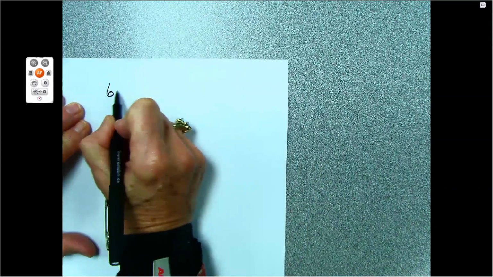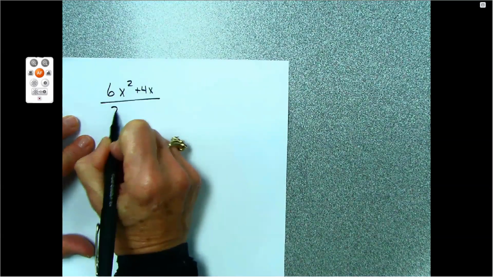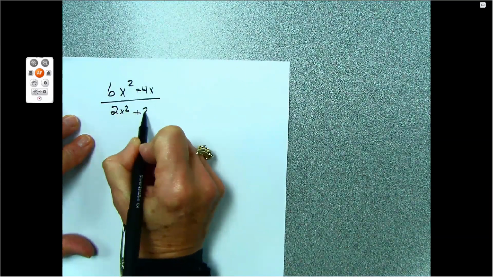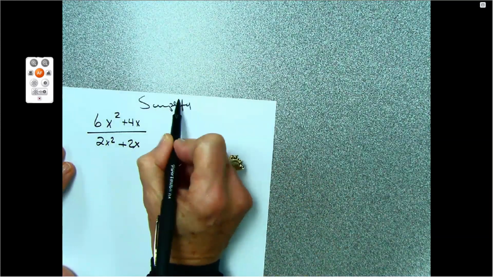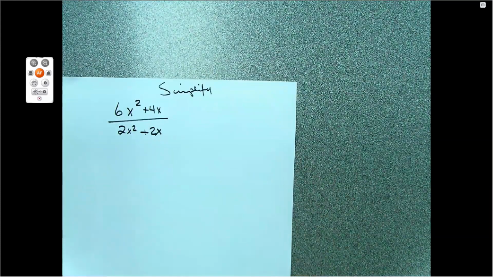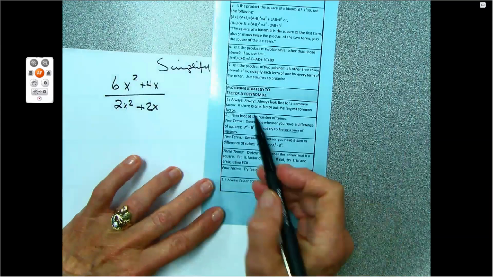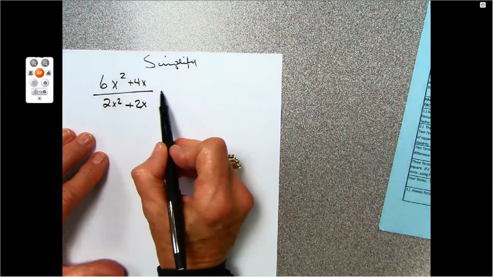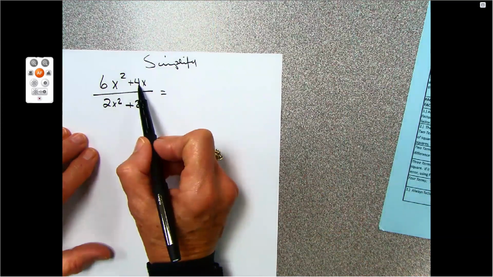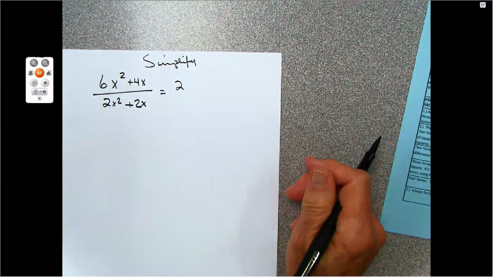So simplify (6x squared plus 4x) all over (2x squared plus 2x). Simplify. We look to factor and solve for other names for 1. So factoring, we always look for that greatest common factor. In the numerator, it looks like we have a factor of 2 at least. 2, that's even, and that's even for my coefficients.